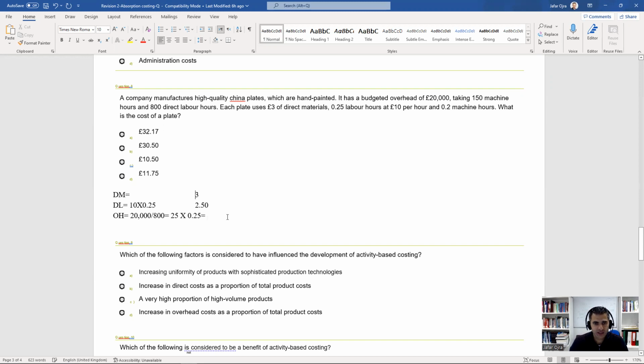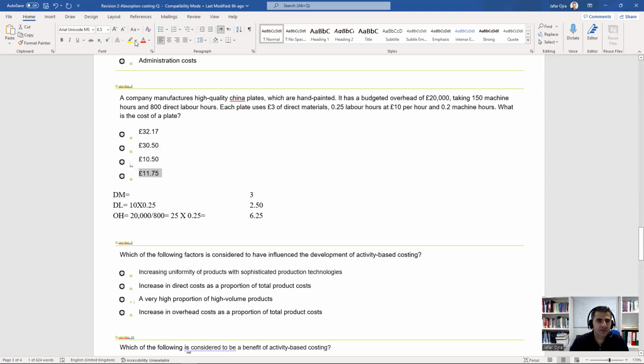That gives 6.25. So 3 plus 2.5 plus 6.25 makes 11.75.